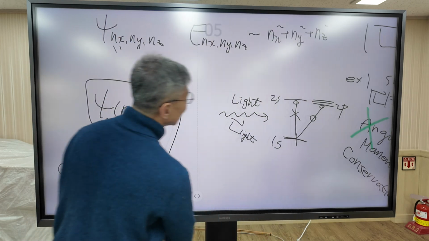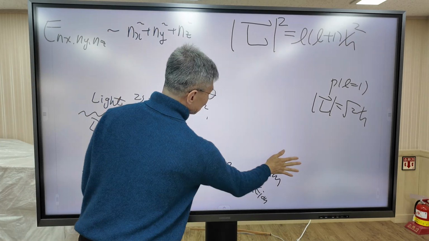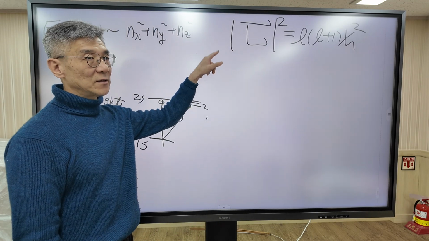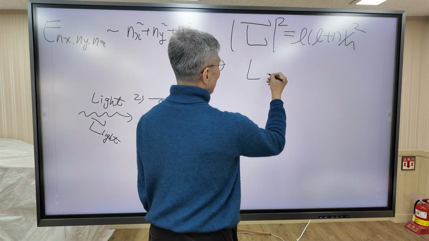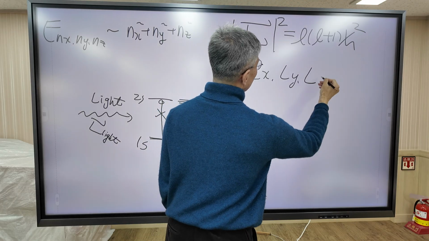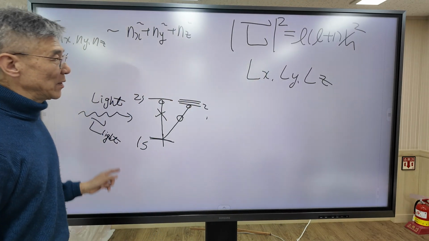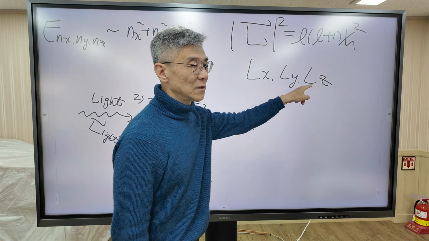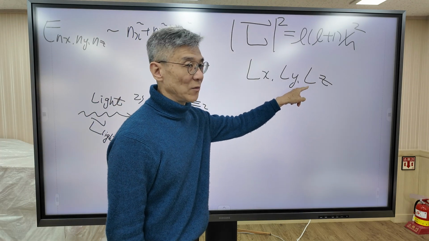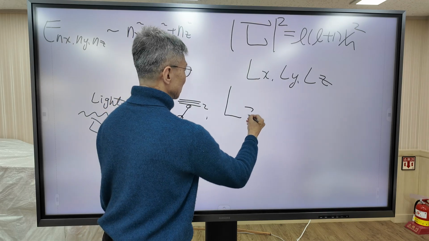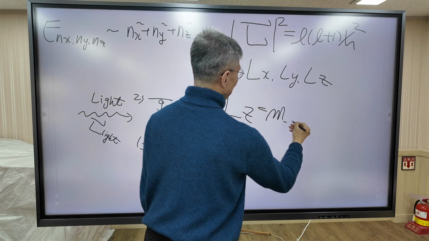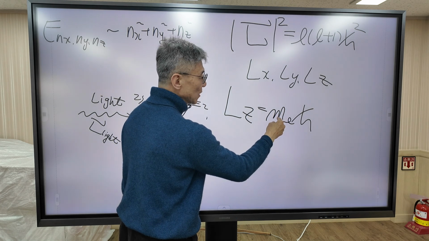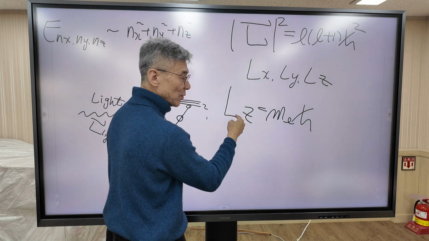As I said earlier, angular momentum is a vector, so it has a direction, so it has components Lx, Ly, Lz. Once you know the ML quantum number, you can calculate Lz, the z component of angular momentum. So the formula looks like this. Once you know the ML quantum number, you can calculate the z component of angular momentum.